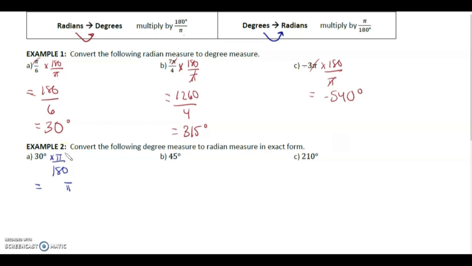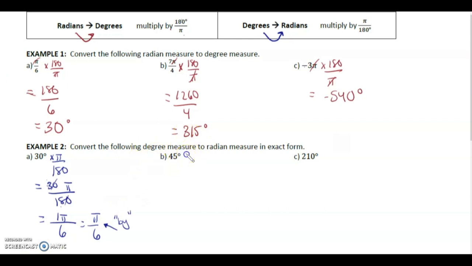And we essentially get 30 over 180. But if you put that into a fraction, we know the zeros cancel, and 3 over 18 is going to be 1 pi over 6. We can also write just pi over 6. When we write over, we pronounce it by, so pi by 6.